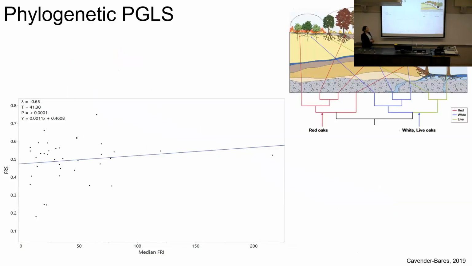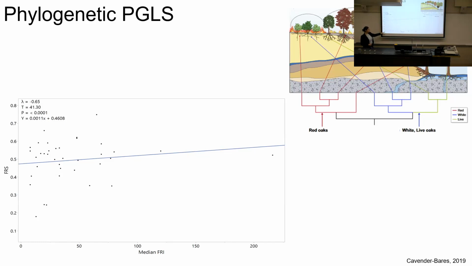Now moving on to the phylogenetic results from our phylogenetic generalized least squares analyses. We looked at the median fire return interval, now not that community-weighted value, but the individual species fire resistance scores.